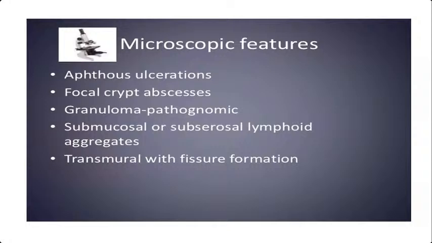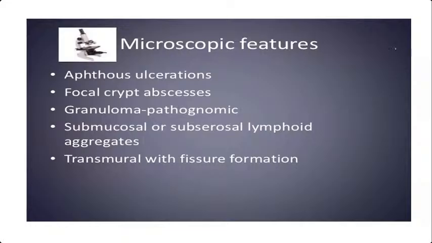In ulcerative colitis, you don't see granulomas, but they are characteristic in Crohn's disease. And then there are submucosal and subserosal lymphoid aggregates, and then transmural fissure formation. So Crohn's disease, once again, is a transmural disease.